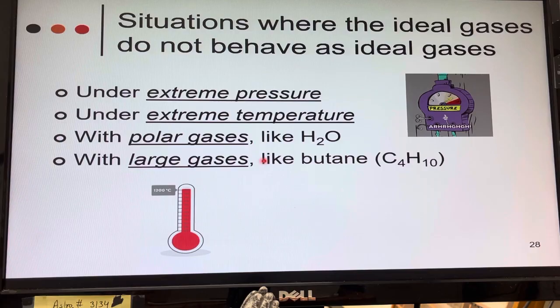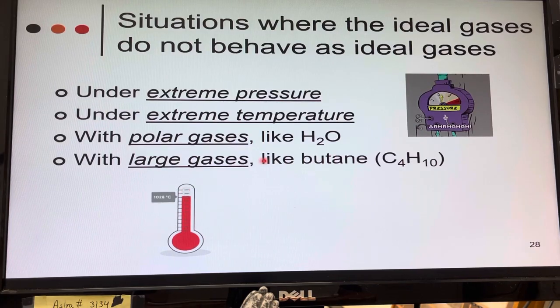So what are some situations where ideal gases do not behave like ideal gases? These mathematical equations will not work in certain situations, which luckily we don't have to worry about in this class. So we just have to know what those situations are. When you have some extreme pressure, the ideal gas law won't work.